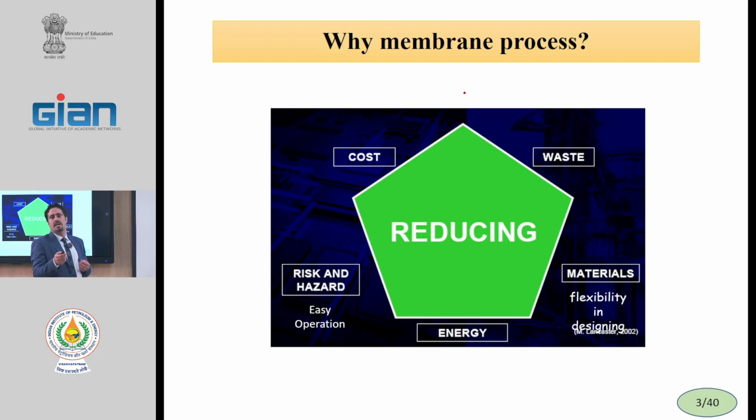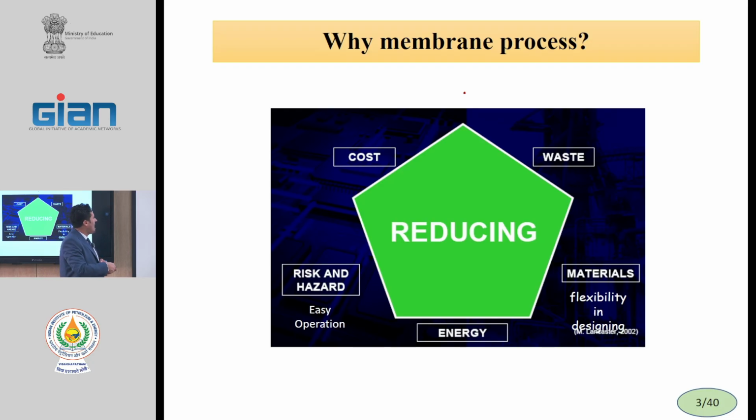For example, in an absorption column, we use amine solutions for absorption of carbon dioxide. This amine solution can leak into the air and is dangerous. But in membrane processes, we have no dangerous additives or dangerous gases, and therefore, generally, the membrane process is environmentally friendly.